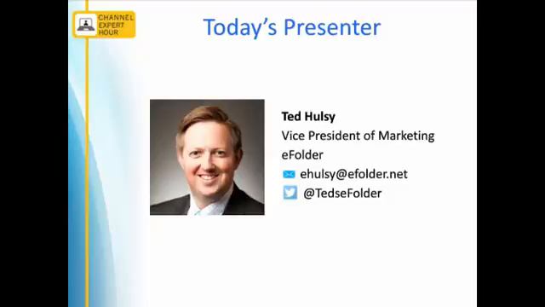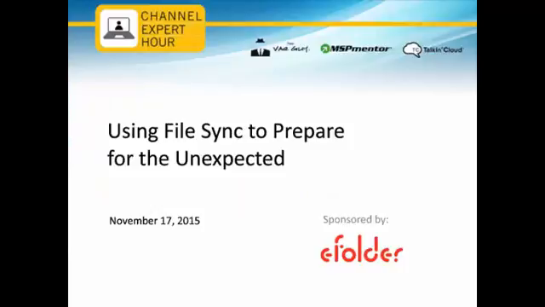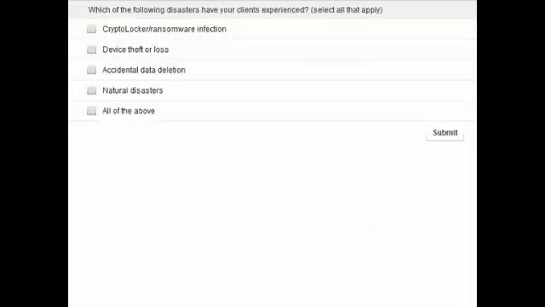Now, before, Ted, I hand it over to you, I want to talk about using file sync to prepare for the unexpected. We've got a poll question, and I'm curious as to what the audience thinks. The question is, which of the following disasters have your clients experienced? CryptoLocker, ransomware infection, data device theft or loss, accidental data deletion, natural disasters, or all of the above.